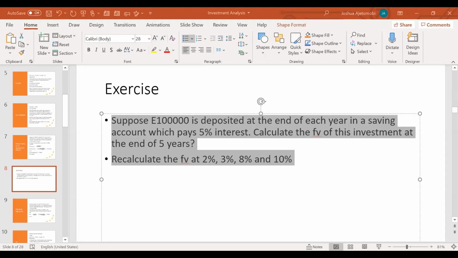586660.1 for 8%. Let me try it. I've not done that one.